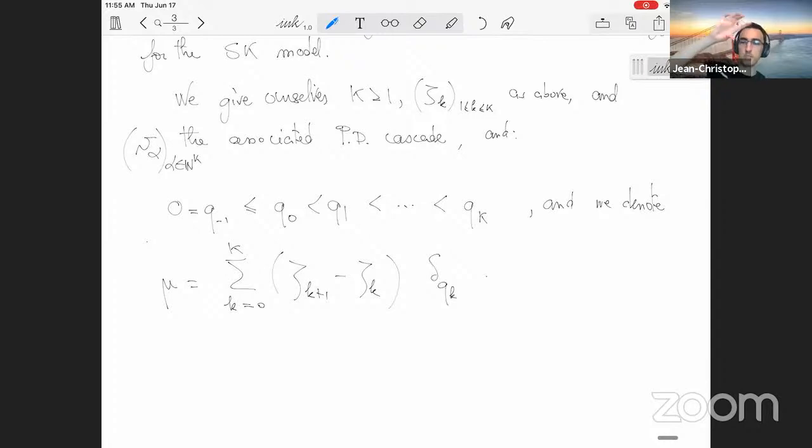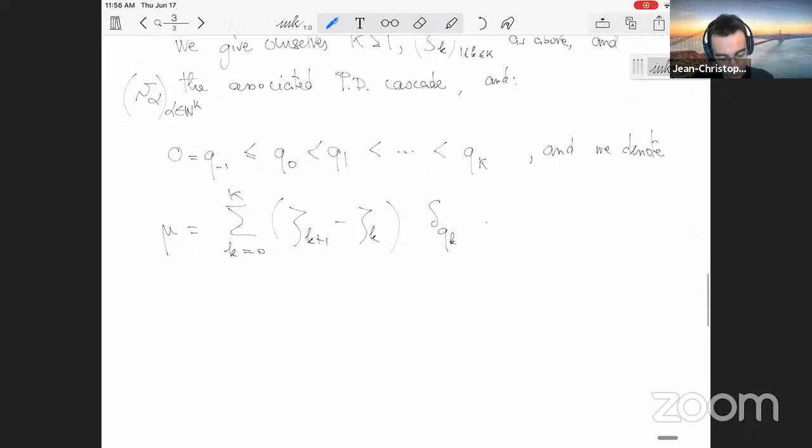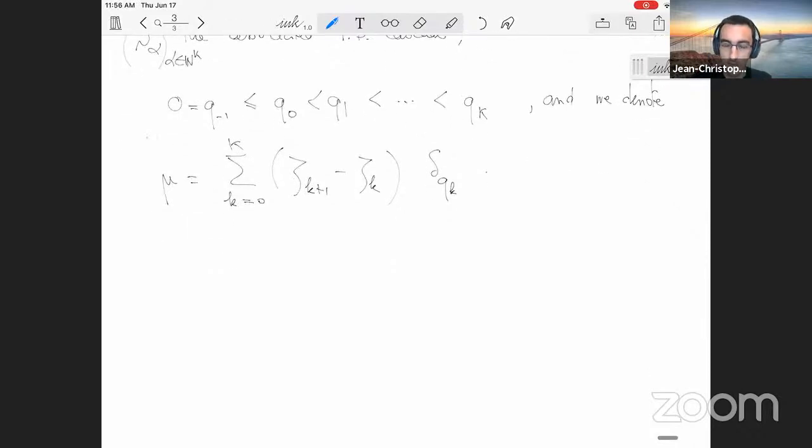So in some sense, we see that this measure represents, at least under some reference measure, the law of the overlap between. Okay, so maybe I'm going to continue introducing definitions, and I hope that it will make sense to encode this by a probability measure.